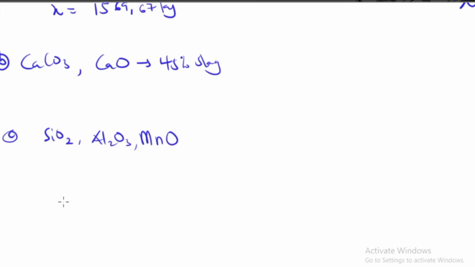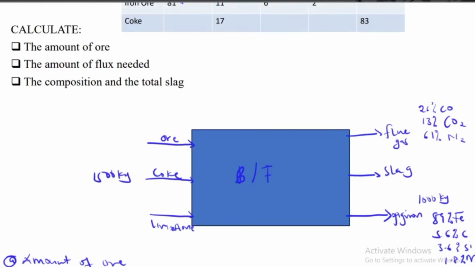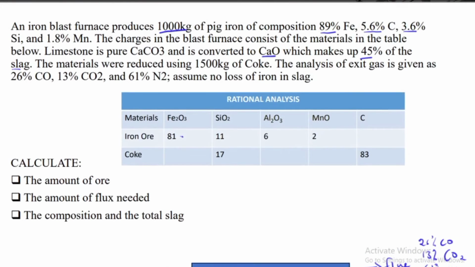So let's do the silicate balance. For the SiO2 balance, let's go to our question. Here we have silicate in the ore, silicate in the coke, and when you check the pig iron, we have a little silicon.